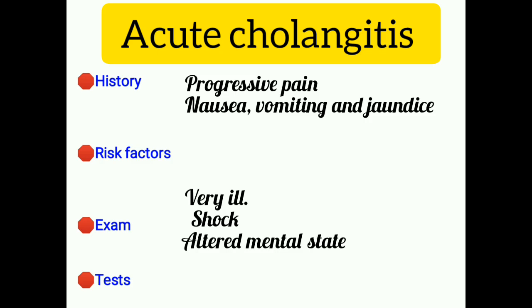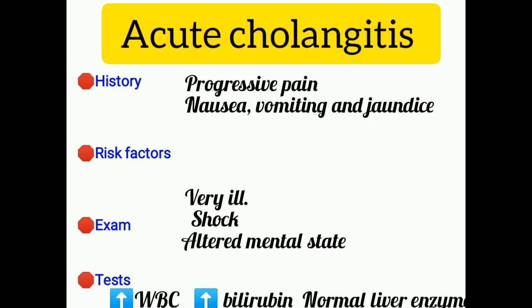The patient may also have a change in mental state. On routine tests, you will find elevated WBC, elevated bilirubin, mostly direct more than indirect, and elevated alkaline phosphatase, but AST and ALT are in most cases normal or near normal.